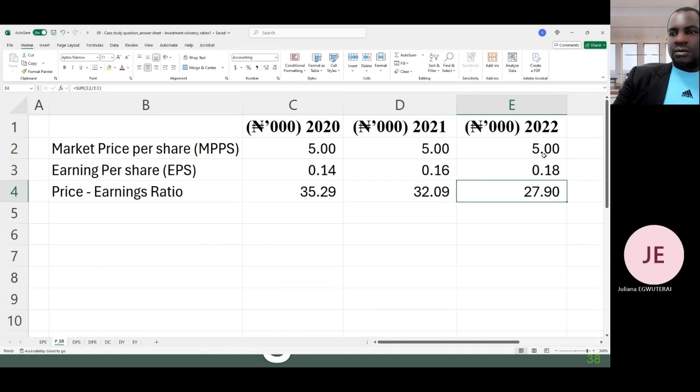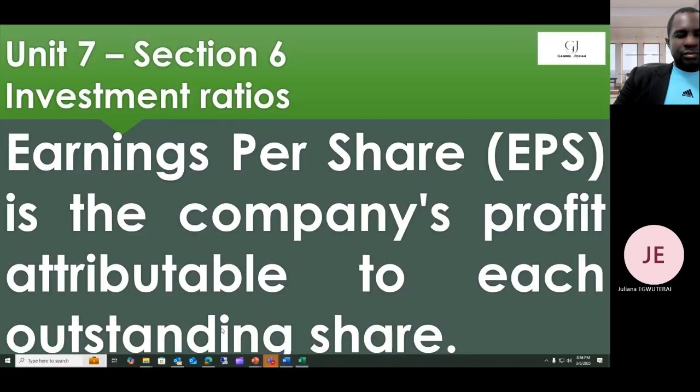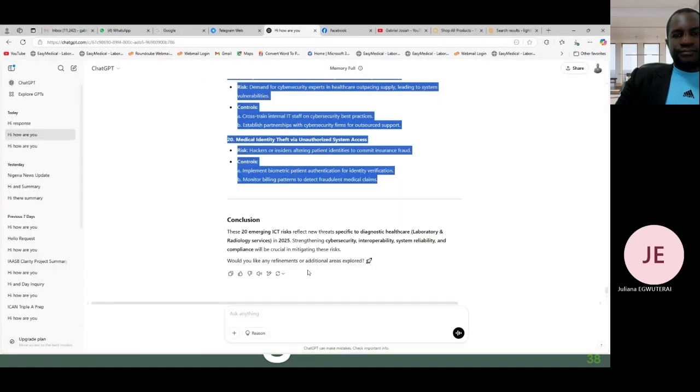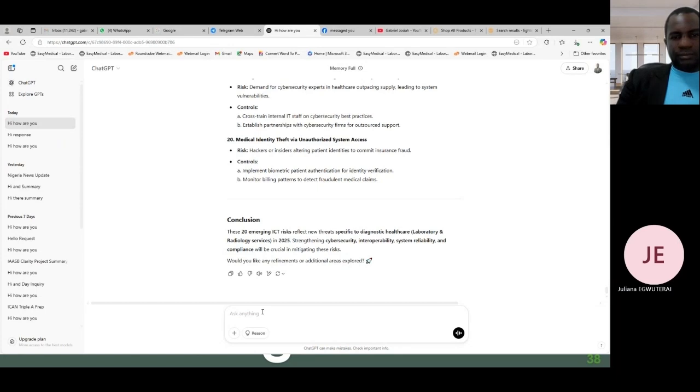32.10. Wow. What do you have for 2022? 27.78. Okay, maybe that's why they approximated it to 27.90. So I'm wondering why the calculation is a bit high by some kobo.